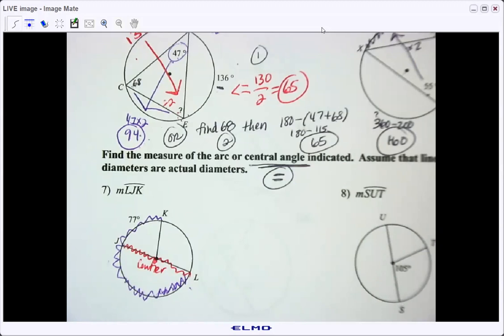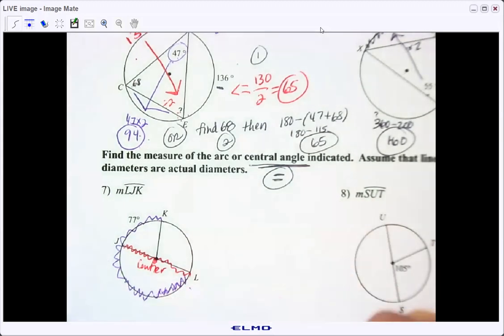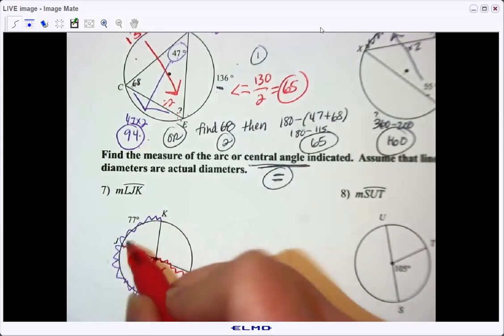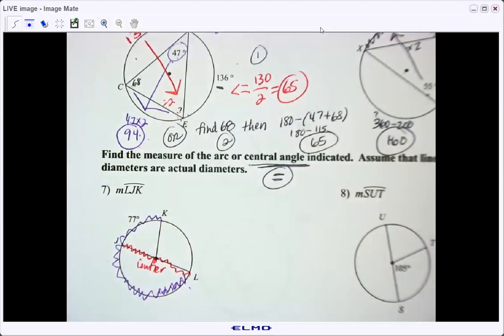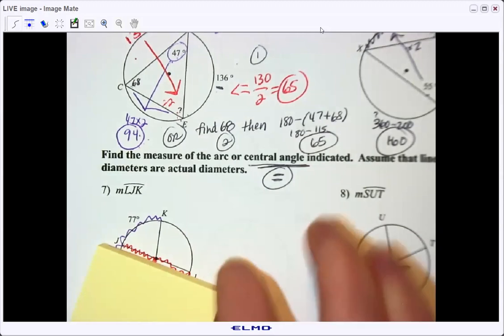Okay. So if you have an answer of 103, what I see you doing is you took 180 and subtracted 77. 180 minus 77 would give you arc KL.